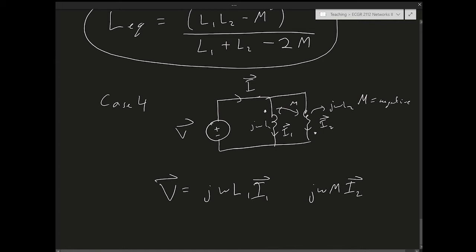But now I want to determine the sign. First, here I2 is going out of the dot, so the sign is negative. And the polarity I'm investigating here on the primary coil is the same polarity as the dot, so this remains negative. V is also equal to j omega L2 I2, the self term, and then I have the j omega M I1, the mutual inductance term.